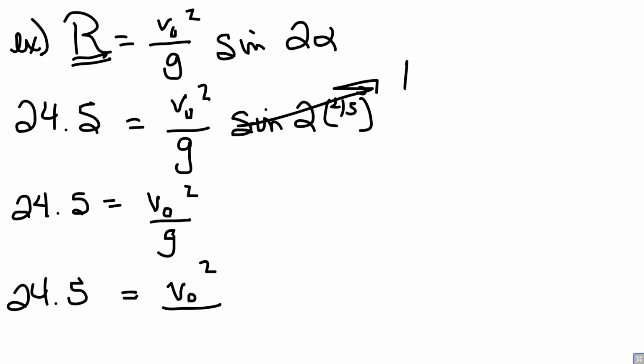Now, for gravity, we are going to use the metric, so we're going to use 9.8 meters per second squared. Now, before we can solve this, we need to do something.